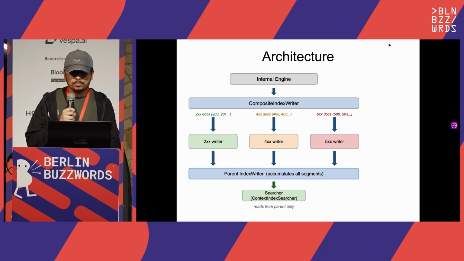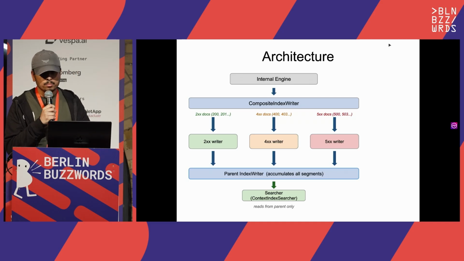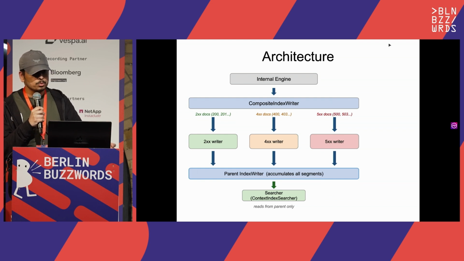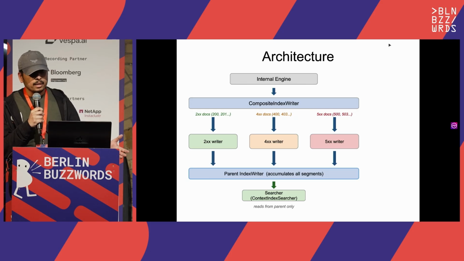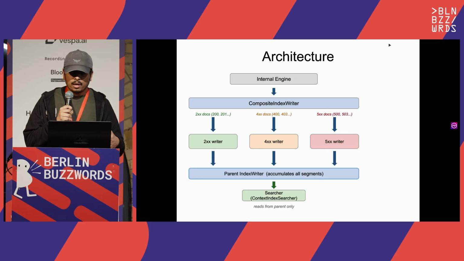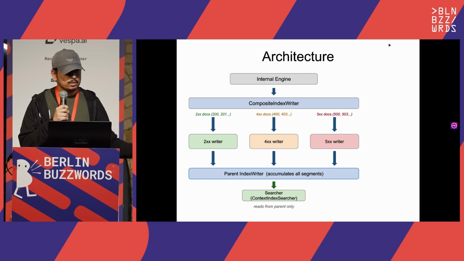Talking about the log analytics use case that we discussed, the composite index writer will maintain a pool of group-specific writers, one for 2xx documents, another for 4xx, and one for 5xx. Each group-specific writer independently buffers and flushes documents into its own segments. And all write operations will be routed to these group-specific writers during ingestion time.